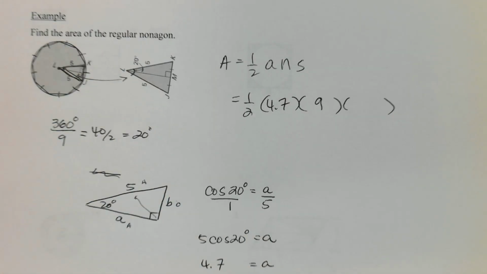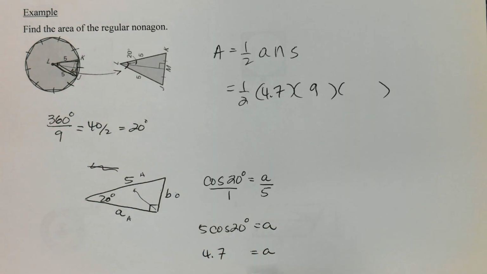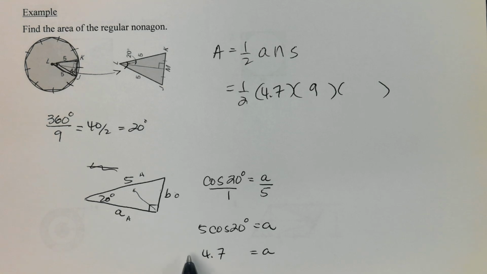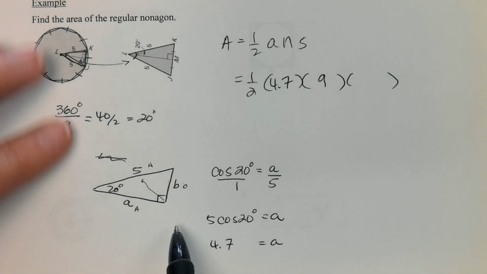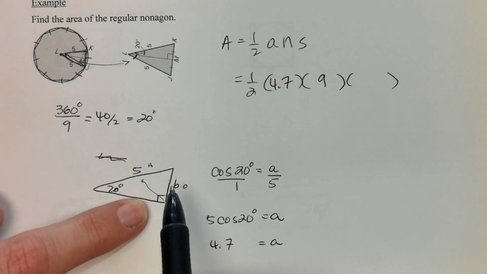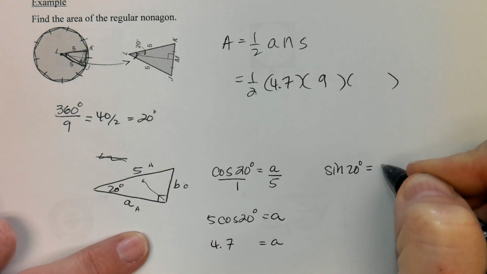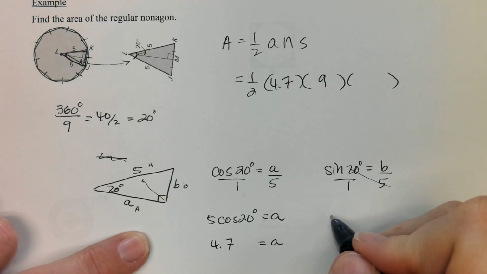Now we need our side length. So our side length is the B. So I'm going to go ahead and cover up A and find that. If you wanted to use your A, you could do Pythagorean's theorem with that. I'll show you that option too, just so you can see it. But I'm going to cover this one up first. We'll do O and H. So that'll be sine of 20 equals B over 5. Put that over 1. We're going to cross multiply again.